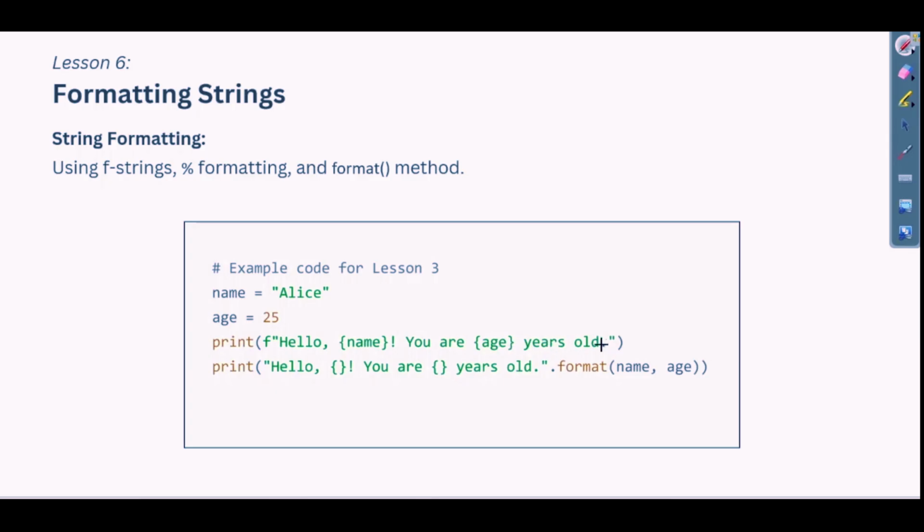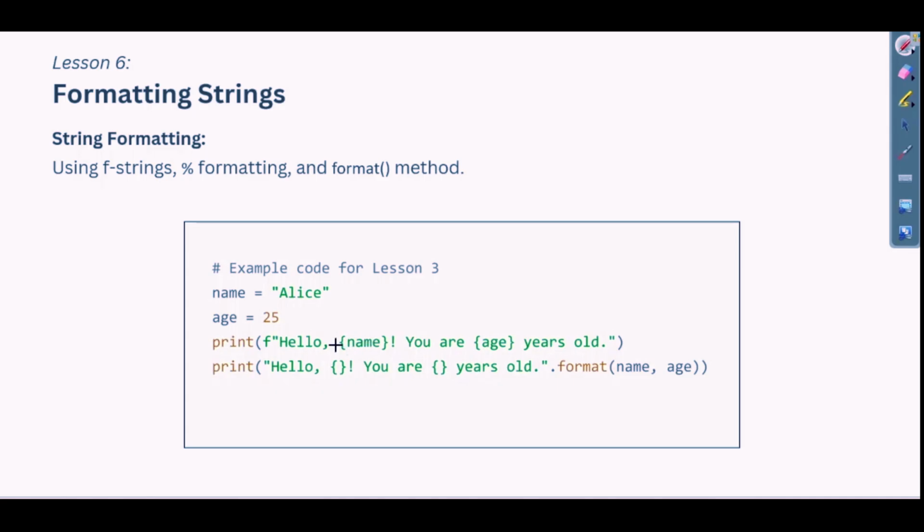All of this is kept inside the double quotes. If you use f before the double quote, then Python will consider anything inside the curly brackets as a variable, and instead of printing it directly, it will print the value of the variable.